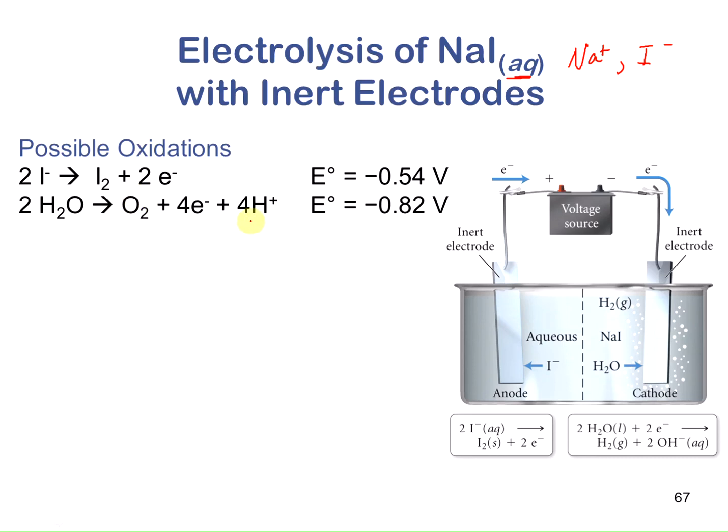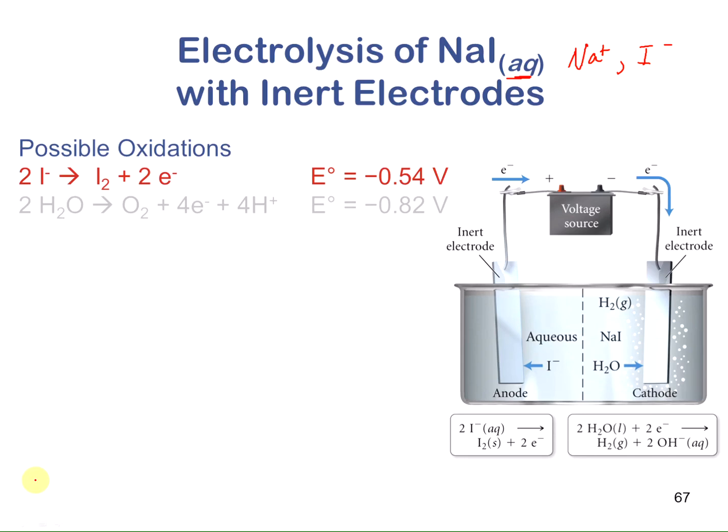And so there's the value of the oxidation of the water, and we're using the value at pH 7. Since this value is more positive, the least negative number, the largest number, this is the most favorable reaction. So the I minus is going to be oxidized before the water will be oxidized.